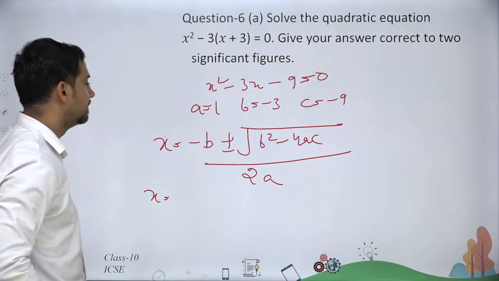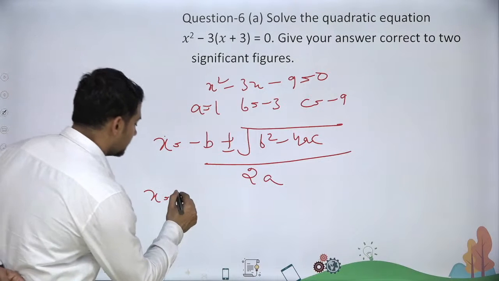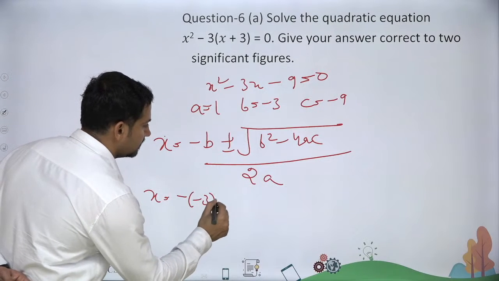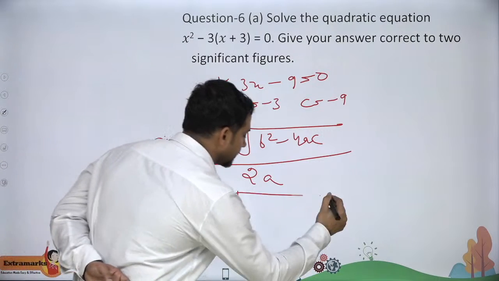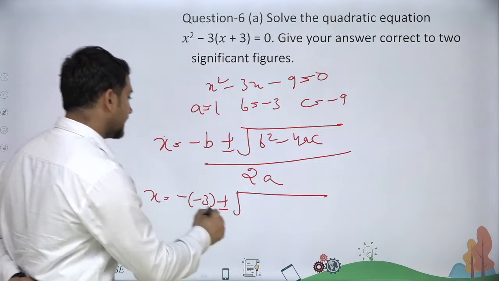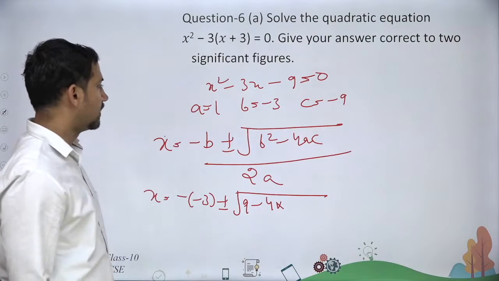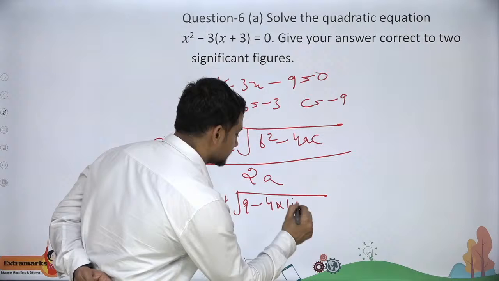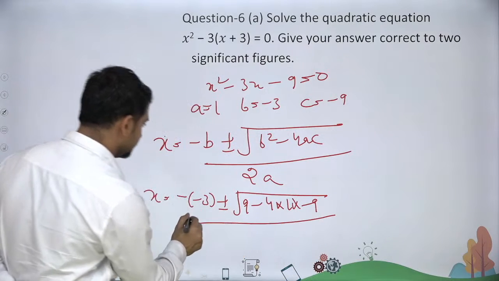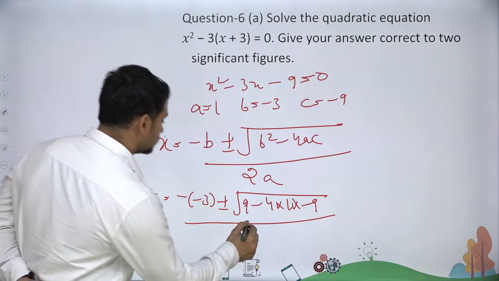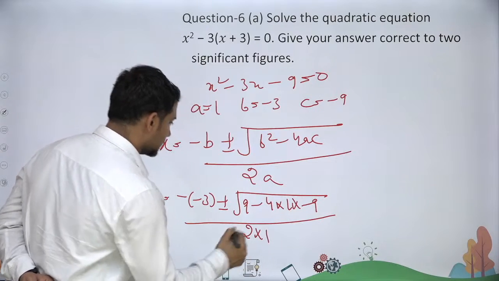Minus b, which is minus minus 3, so 3 comes, plus minus under root b square, which is 9, minus 4 into a, which is 1, into c, which is minus 9, upon 2a, and 2a is 2 into 1.